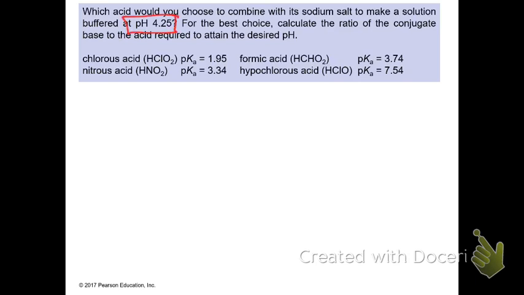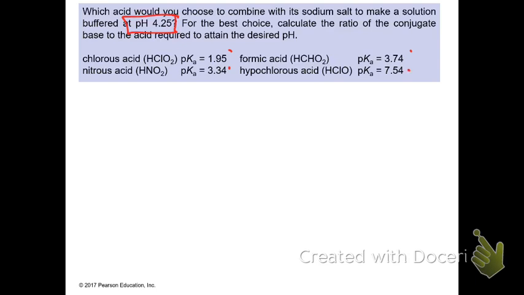So we want to make a buffer solution that has a pH of 4.25. According to the previous slide, we want to choose the acid whose pKa value is closest to the pH. Chlorous acid has 1.95, nitrous acid has 3.34, formic acid has 3.74, and hypochlorous acid has 7.54.